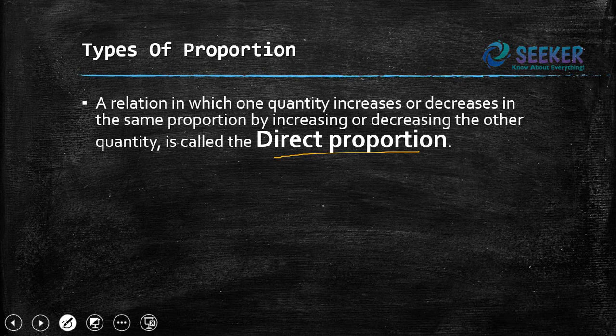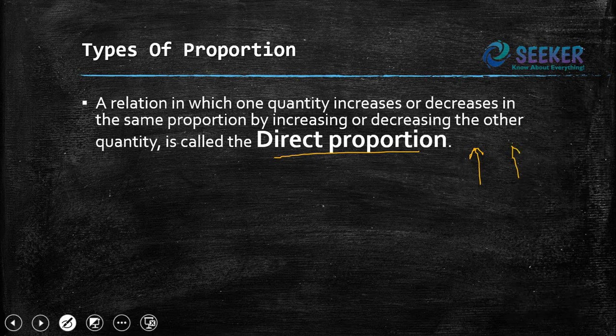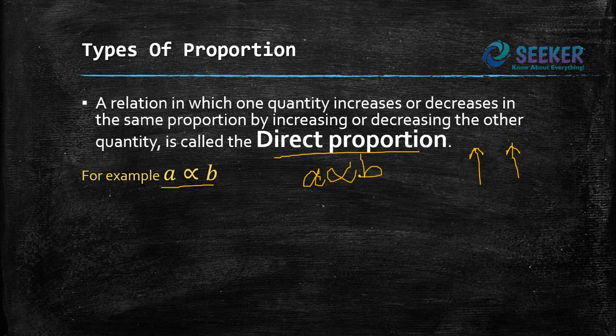Suppose we have one quantity that is increasing, but at the same time with the same proportion the other quantity is also increasing. This type of relation is known as direct proportional. It can be given as A is directly proportional to B.